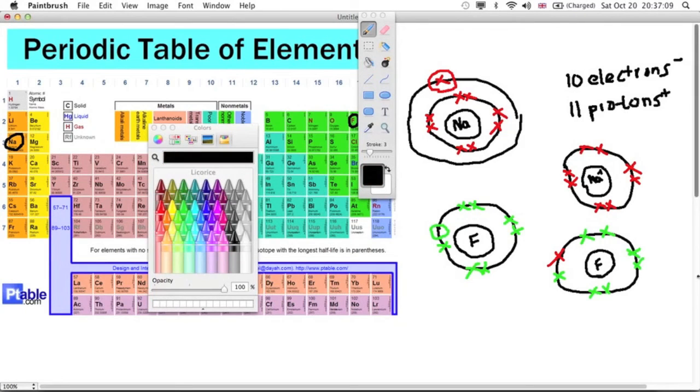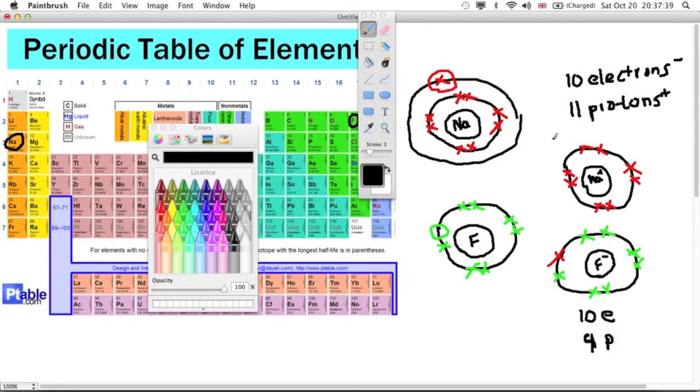But another thing is that fluoride now has more electrons than it has protons, and we know that fluoride has 2 electron shells because it's in period 2. So it has 2 plus 8, so it has 10 electrons and 9 protons.